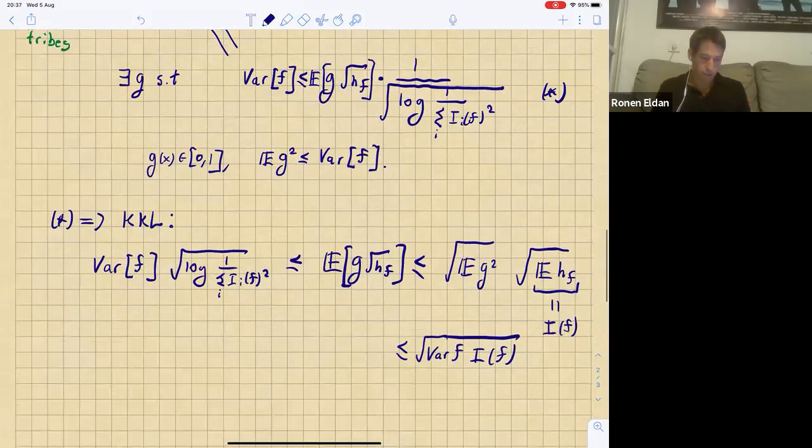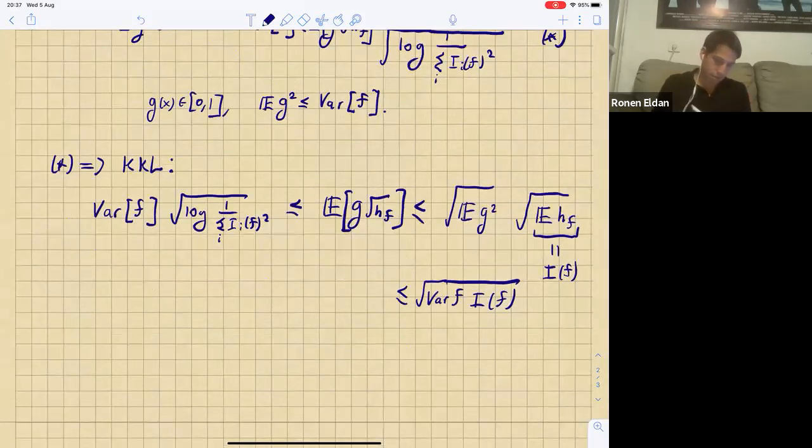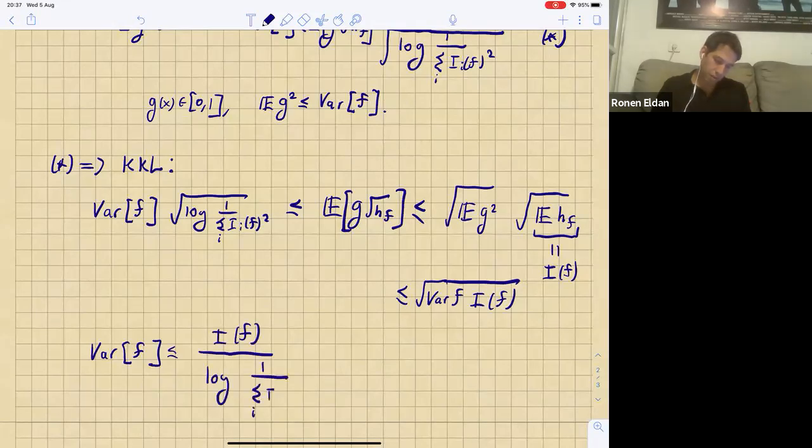And what we're gonna have is that the variance of f is at most the sensitivity over log of 1 over the sum of squares of influences.